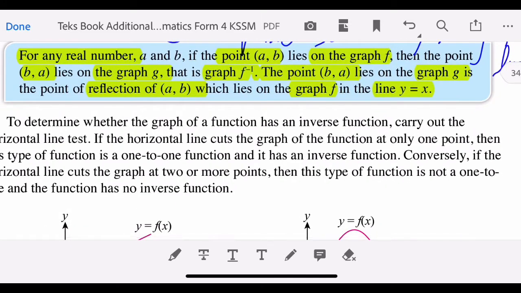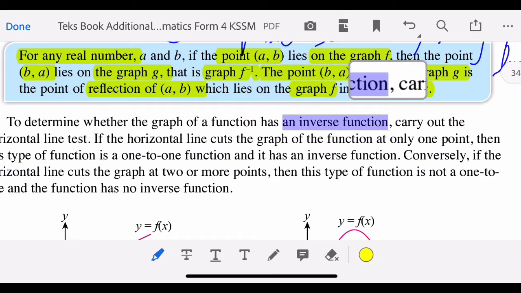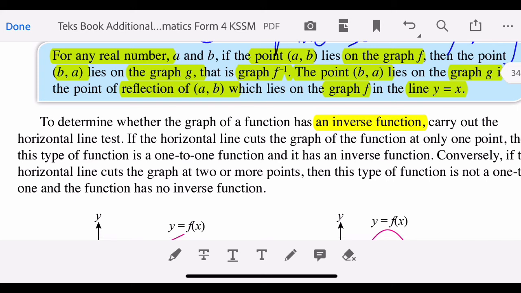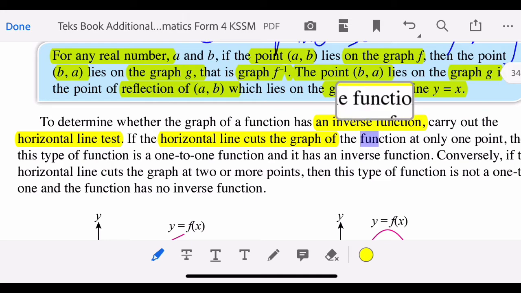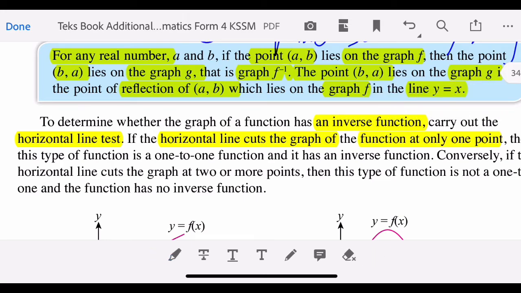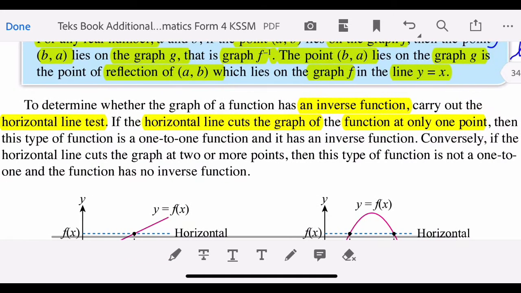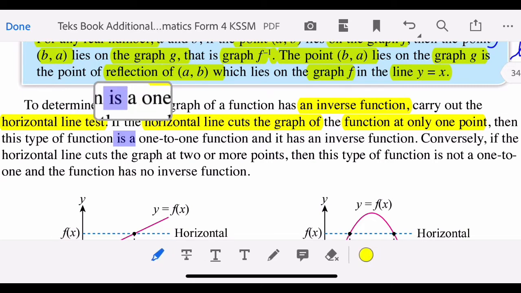Okay, to determine whether the graph of a function has an inverse function, you have to carry out the horizontal test. So if the horizontal line cuts the graph of the function at only one point, then the type of function is a one-to-one function, and it has an inverse function.